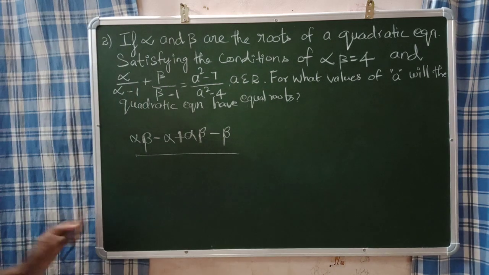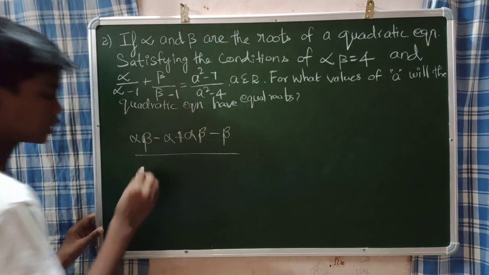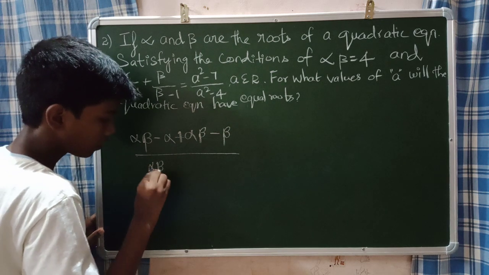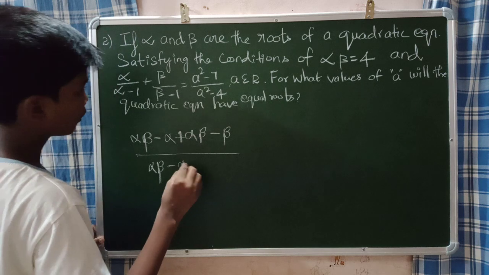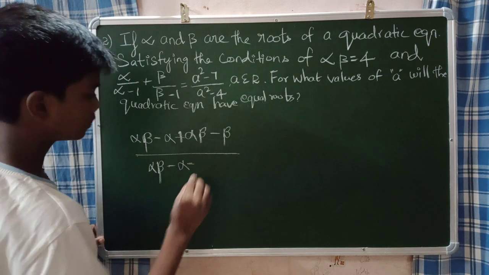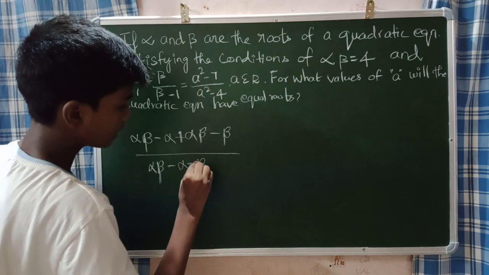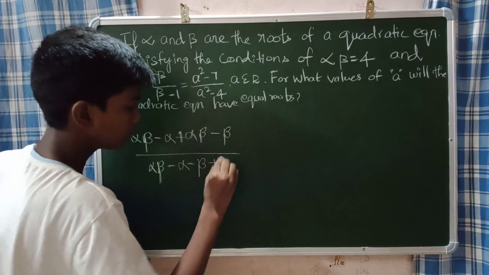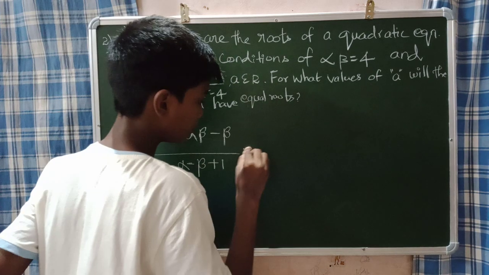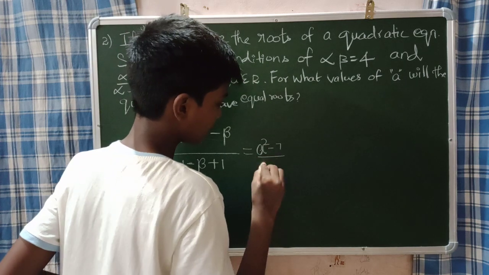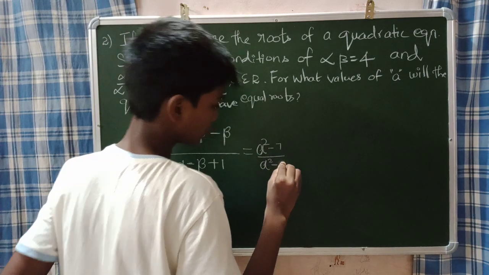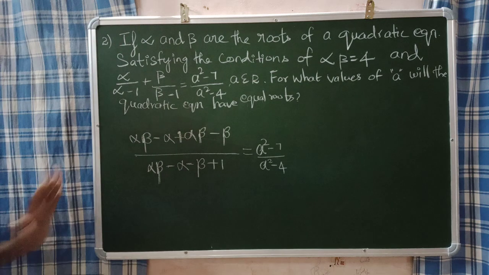Our denominator will be alpha minus 1 into beta minus 1, which is alpha beta minus alpha minus beta plus 1. And that is equal to a square minus 7 divided by a square minus 4. This is what the equation becomes when I simplify.